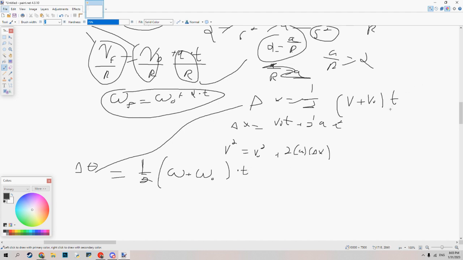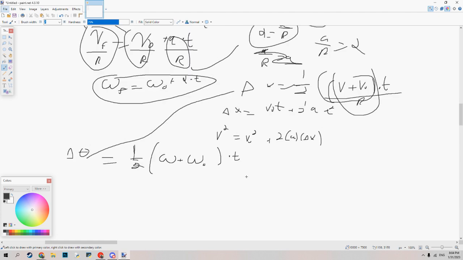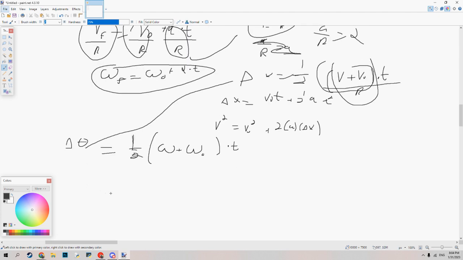Time stays the same because it's not multiplied by the r, so you just have this times time. I feel like that might be useful to mention. This function can be rewritten as delta theta equals omega initial times time plus 1/2 times alpha times time squared.